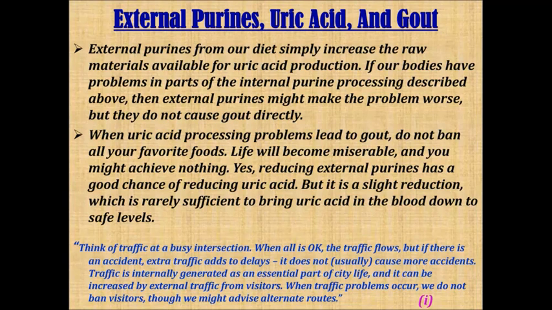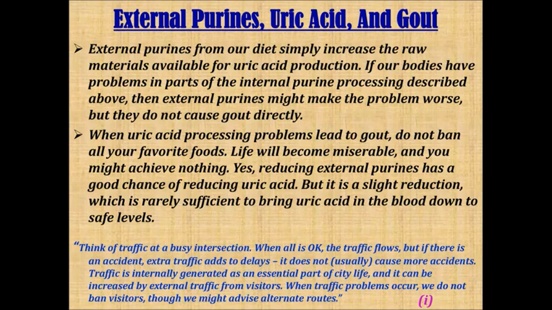Yes, reducing external purines has a good chance of reducing uric acid, but it is a slight reduction, which is rarely sufficient to bring uric acid in the blood down to safe levels. For example, think of traffic at a busy intersection. When all is okay, the traffic flows, but if there is an accident, extra traffic adds to delays.